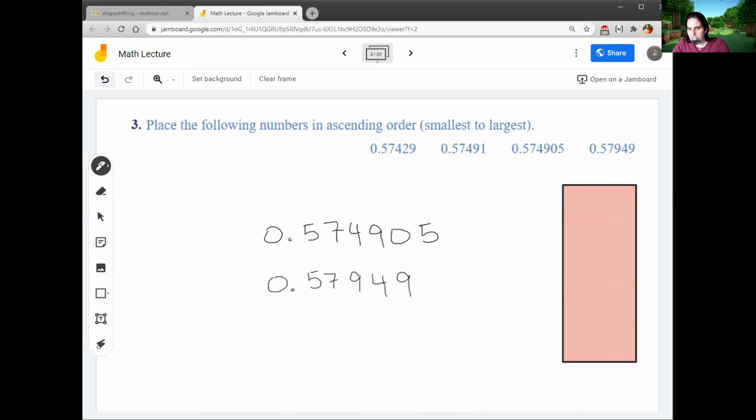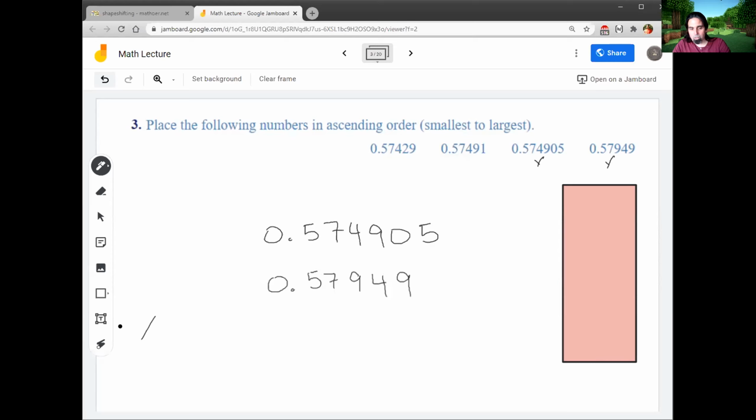Okay, so we have done this one and that one. What about the 57429? Should I write it above or below? Wait, 5, 7, 4, 2, 9, and 9, 1. So 5, 7, 4, 9, 1 would be bigger than the other one.